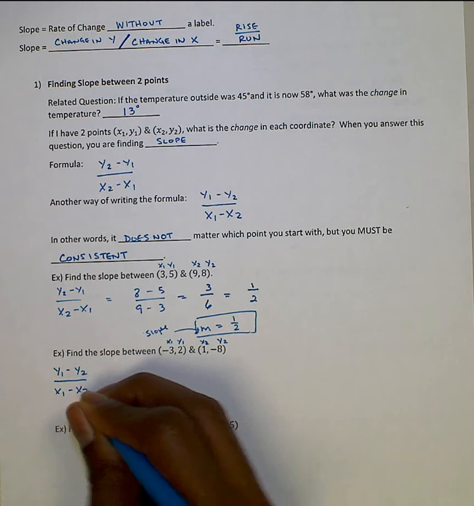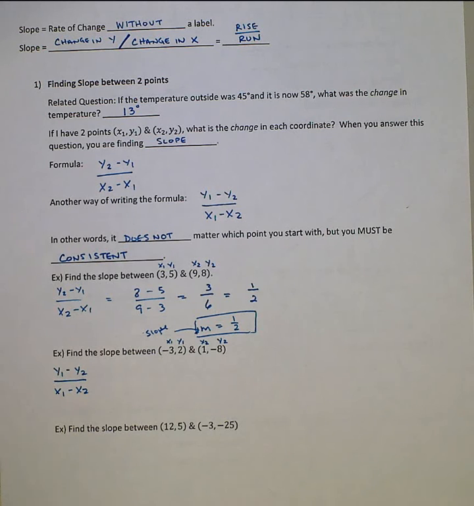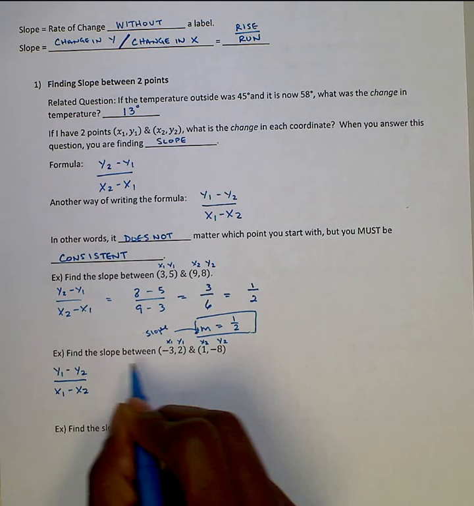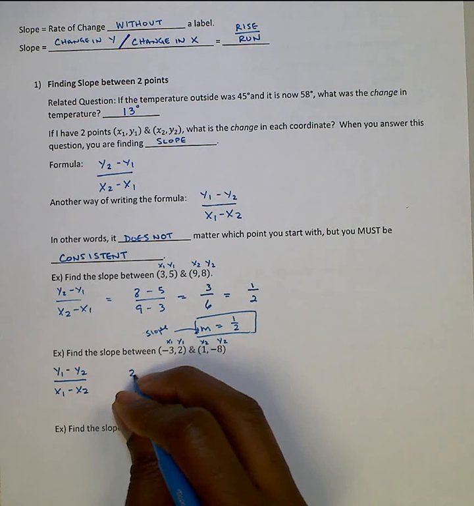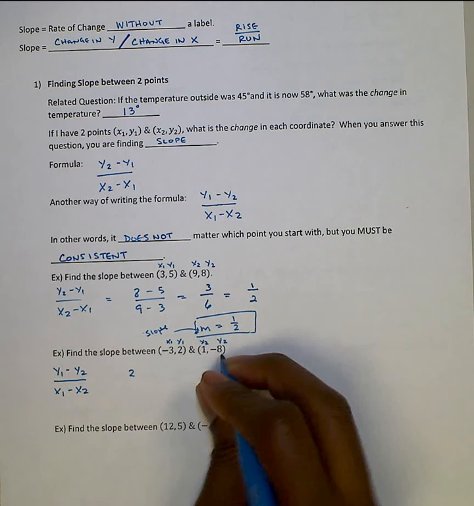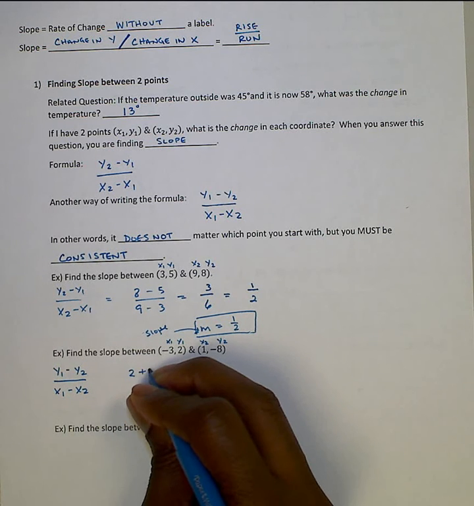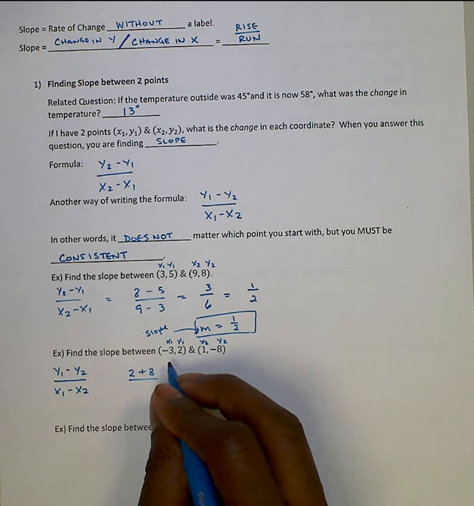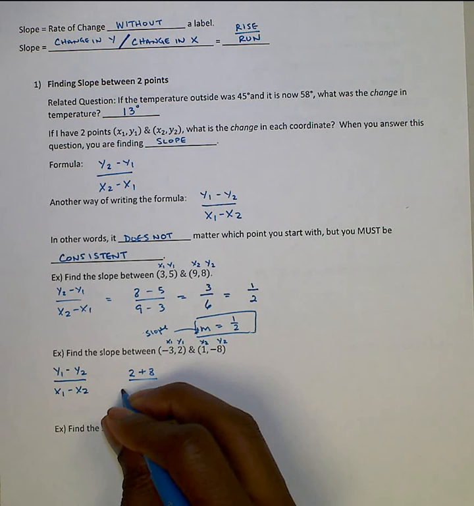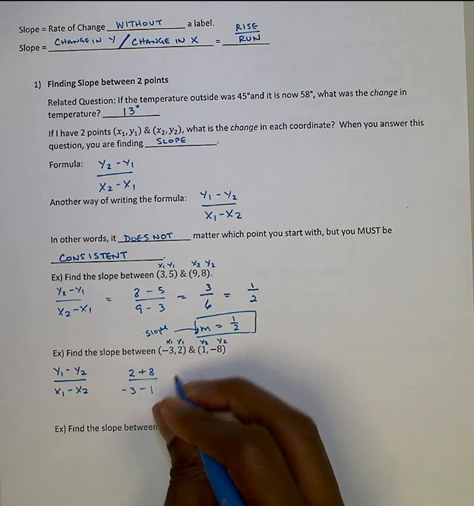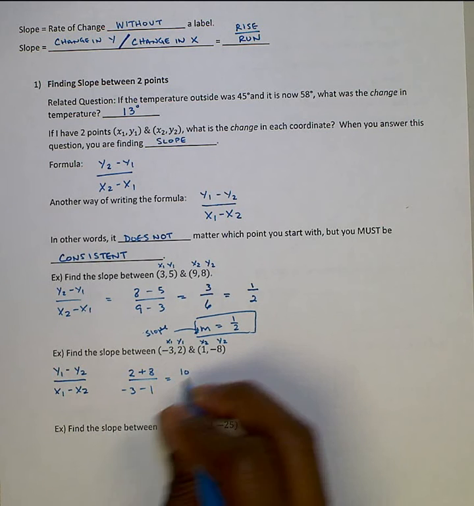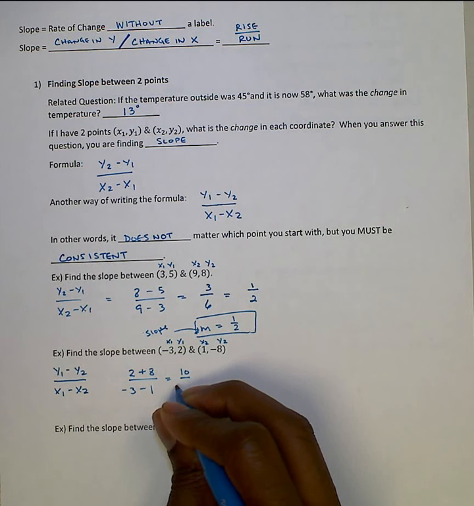So I'll call this x1. I'll start with y1 and x1. So I'll say 2 minus negative 8. When I'm subtracting a negative, that means I'm adding. So 2 plus 8, over negative 3 minus 1. So 2 plus 8 is 10. Negative 3 minus 1 is negative 4.